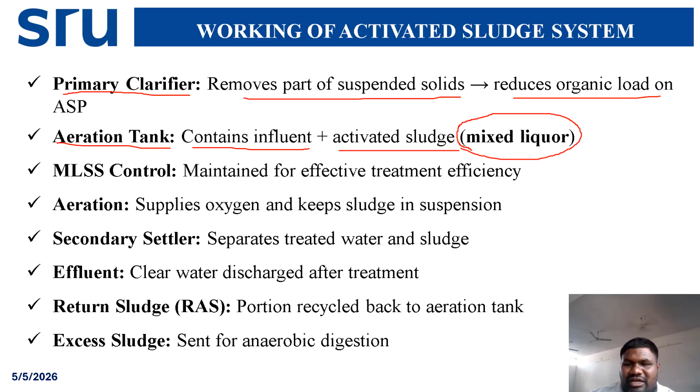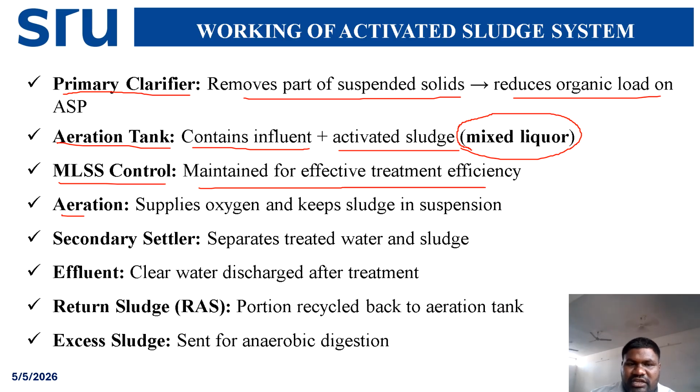Maybe bacteria, such as sulfate reducing bacteria. Different kinds of bacteria exist in this sludge. So MLSS is controlled here, to maintain effective treatment efficiency, we need to maintain the particular microbial growth.